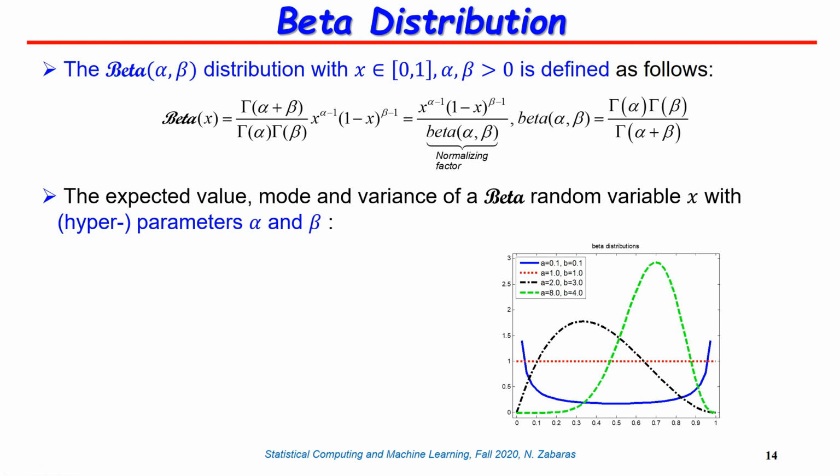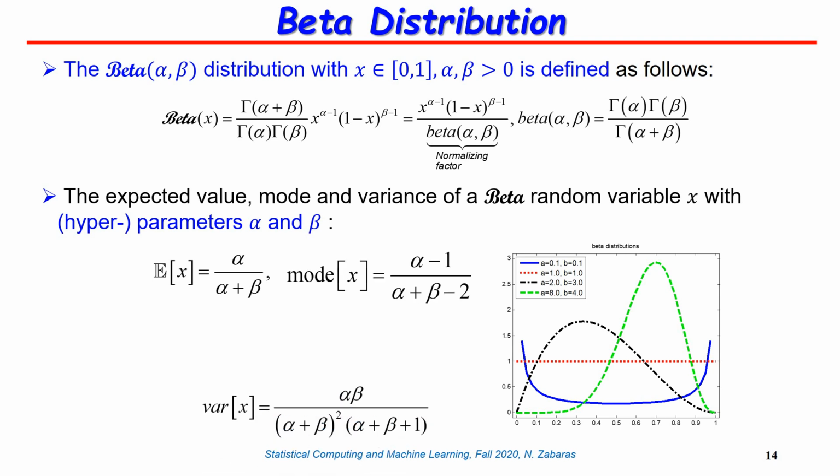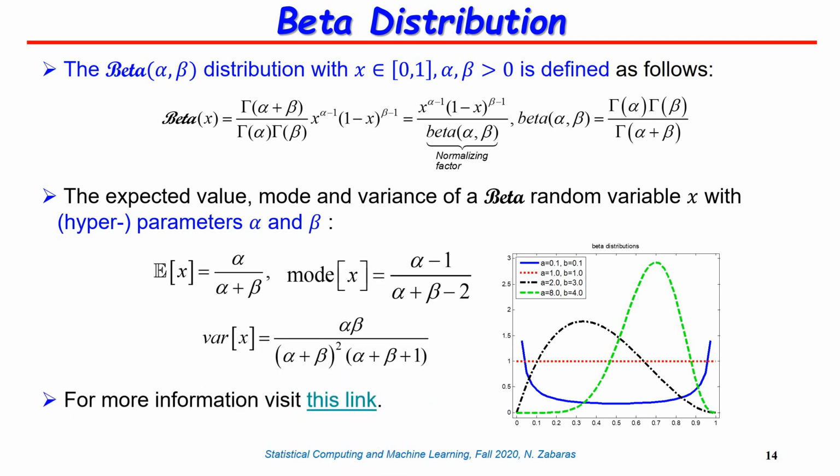So most probably when you use it in practice, it will have one mode, but keep in mind if you use values of alpha and beta less than 1, you may get this extreme situation of two modes. Here is the expectation, the mode, the variance, and you can visit the Wikipedia site for the beta distribution to see more details.